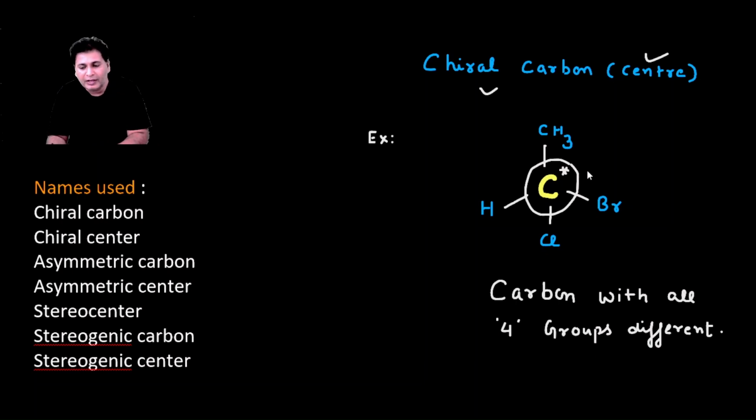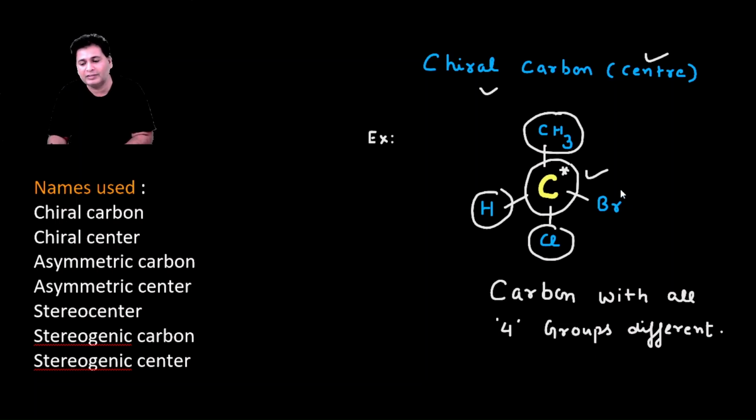For example, if you see this carbon, it is tetravalent, it is satisfied by 4 groups. All the 4 groups are different. This is methyl, this is hydrogen, this is chlorine, and this is bromine. So for a carbon to be called a chiral carbon or chiral center, all the 4 bonds associated with that carbon must be different. You understand?